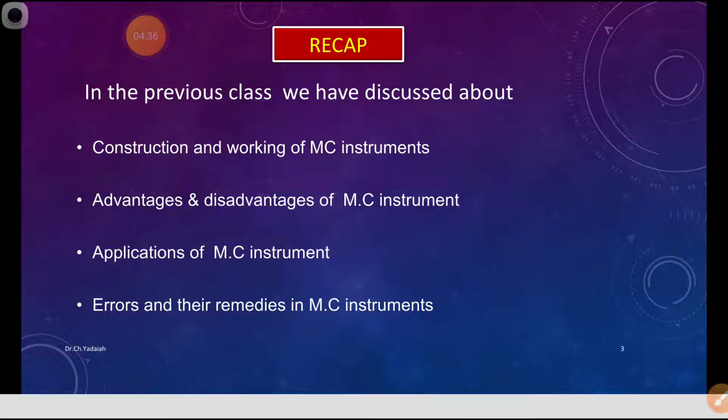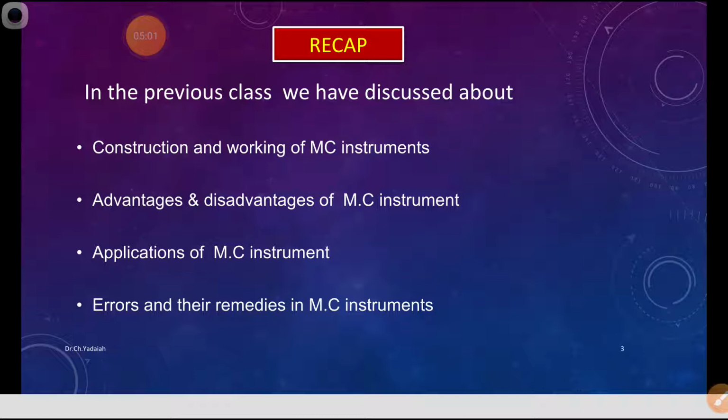Last class we saw examples of problems, and there are two problems in your syllabus that I think you have done. Very simple. Put in the formula, get the answer. What are those problems? Let us recall once again.